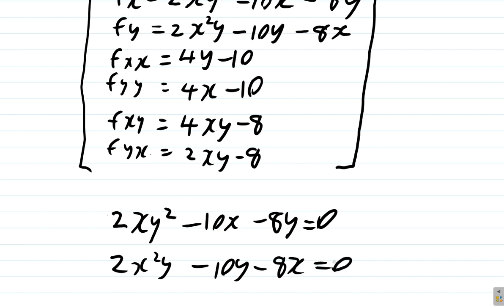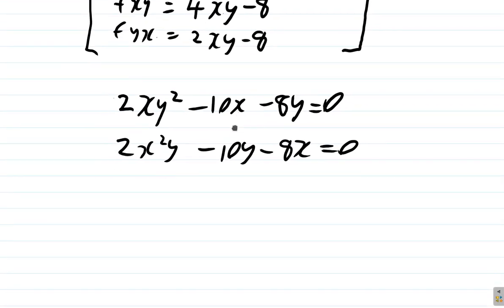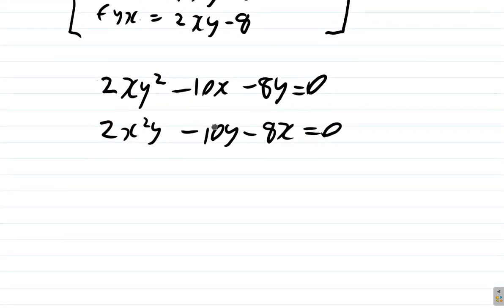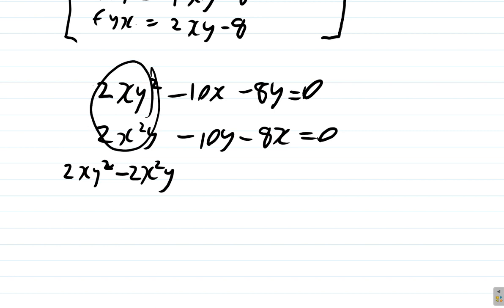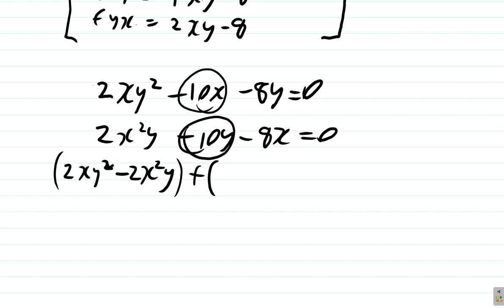Alright. Now, if we subtract the equations from one another, we have 2xy squared minus 2x squared y. We subtract this from this. I use plus here because we're going to consider plus this minus this.